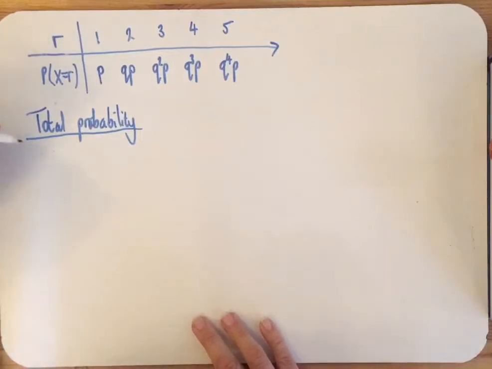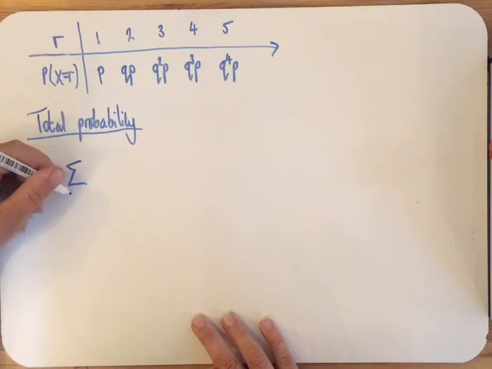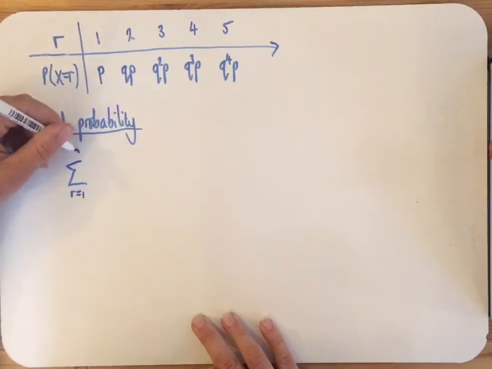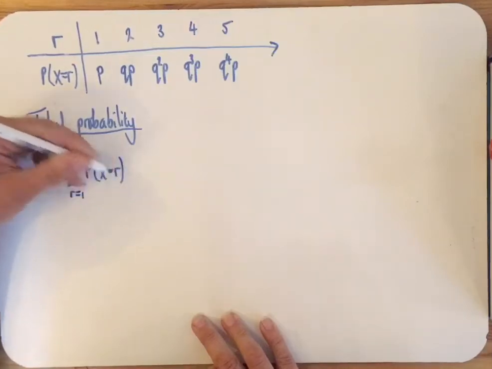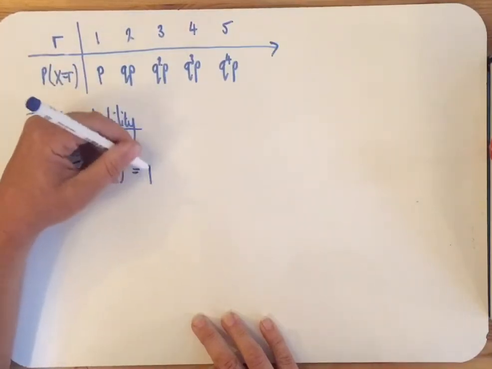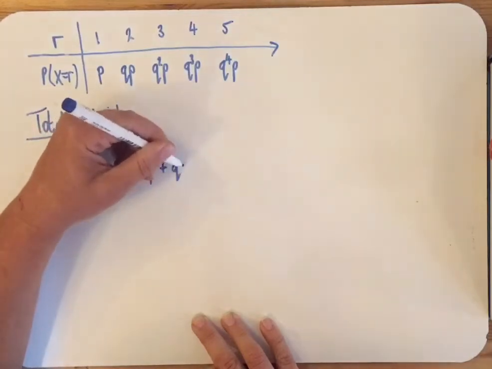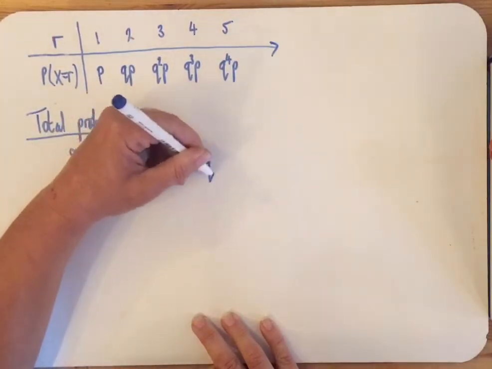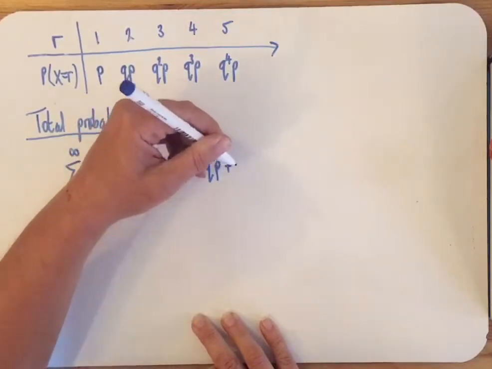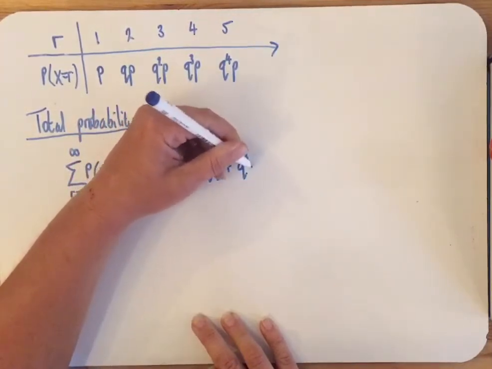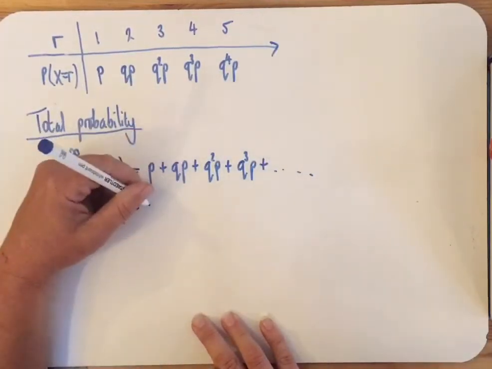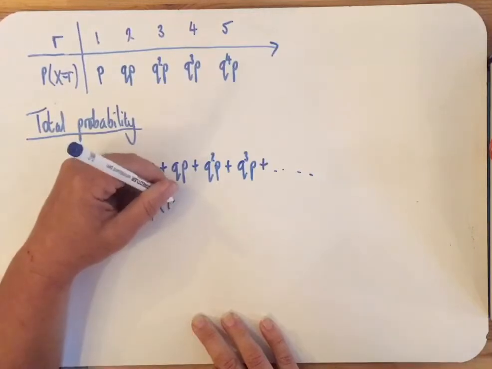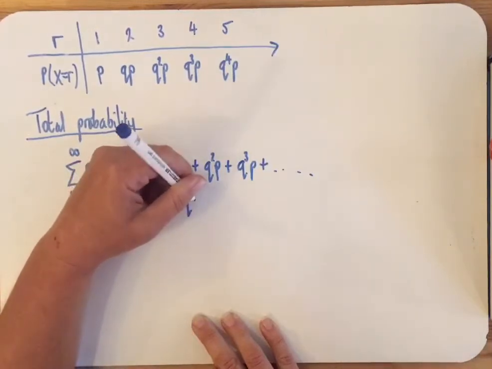The sum from r equals 1 to infinity of the probability X equals r is equal to p plus qp plus q squared p plus q cubed p, etc. I've got a p running through all of those, which I can take out as a factor. And then we end up with a geometric series in here.